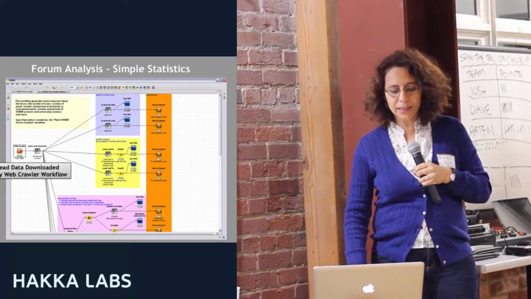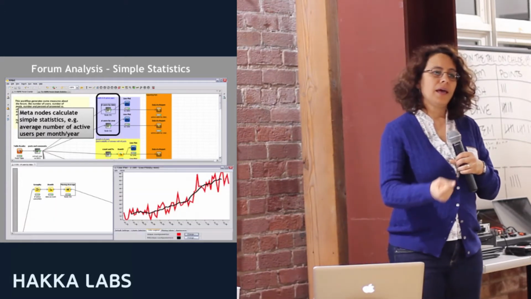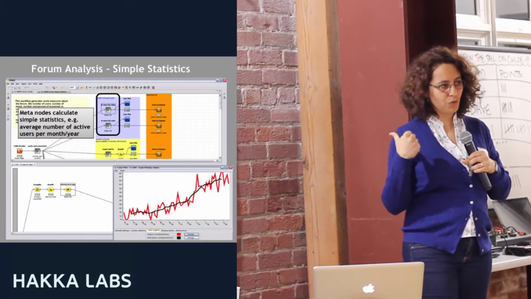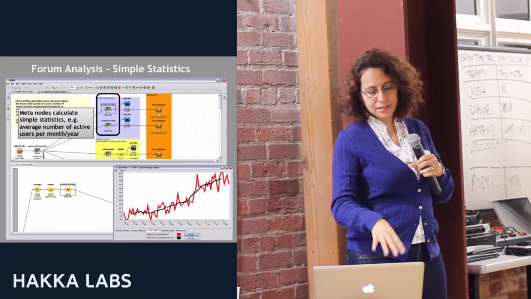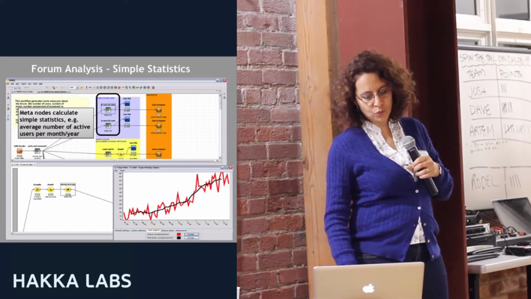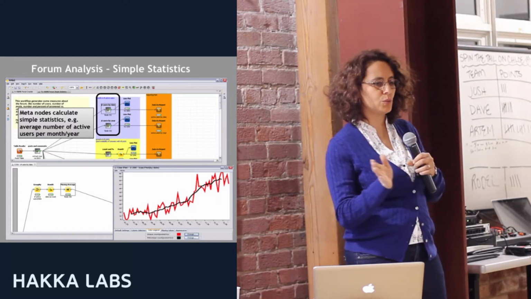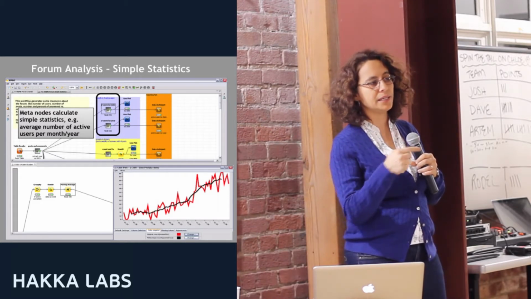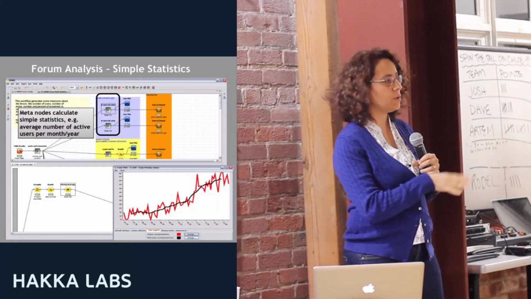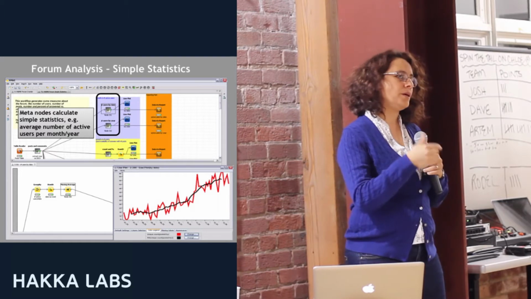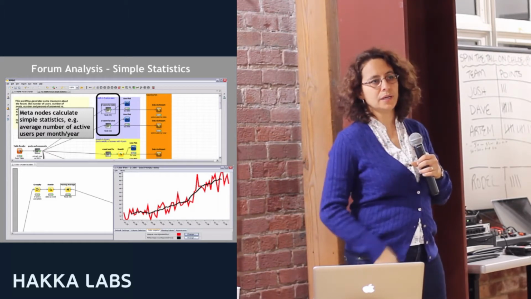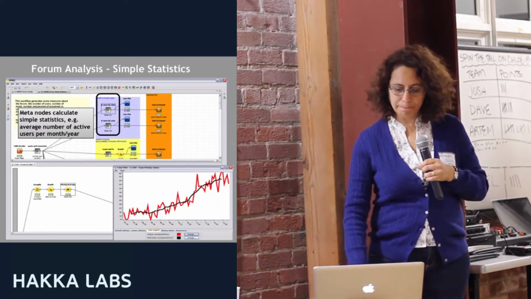Here again, I have these two nodes. They extract the data that I've shown you before. So here inside this meta node, actually, there is a switch. The switch allows me to either retrieve the data that I already downloaded the last time, or to refresh my data with a new download session. Okay?